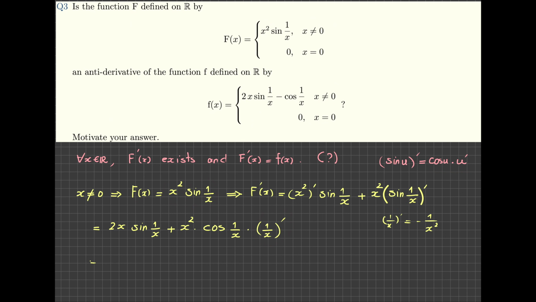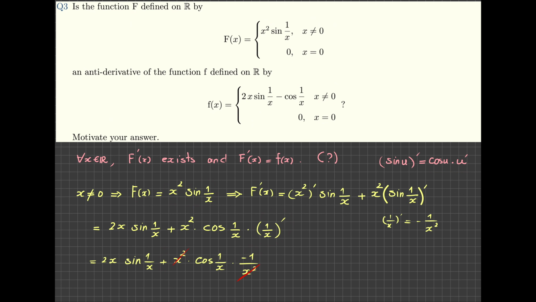So this becomes 2x sine 1 over x plus x squared multiplied by cosine of 1 over x multiplied by minus 1 over x squared. And now you see that this x squared here and that x squared there are cancelled, and this is negative 1, so I take that negative 1 out and make it a minus sign here.